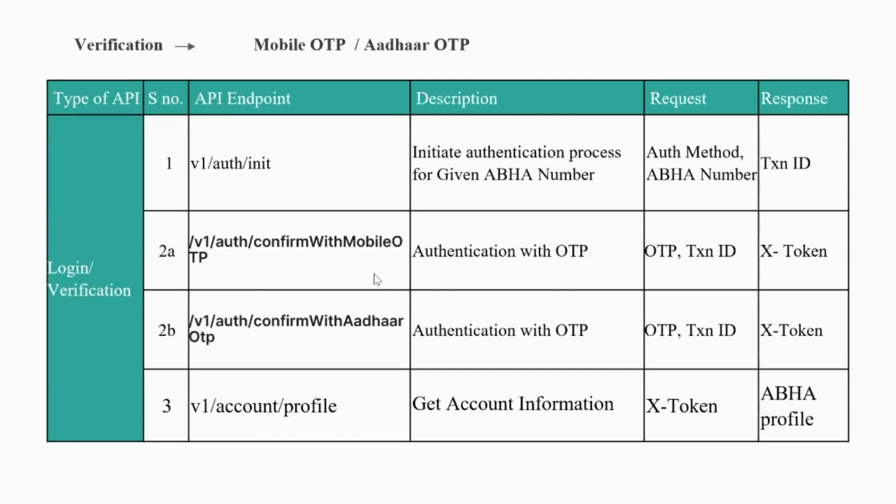If it is an Aadhaar OTP, we will use confirm with Aadhaar OTP, and we would pass the OTP and the TXN ID which we fetched in response of the V1 auth init. If it is a mobile OTP, then we will use the confirm with mobile OTP option. In both cases, the response would be the same, an X token, and we would need to pass this X token in the V1 account profile with your respective bearer token to get the ABHA profile information.